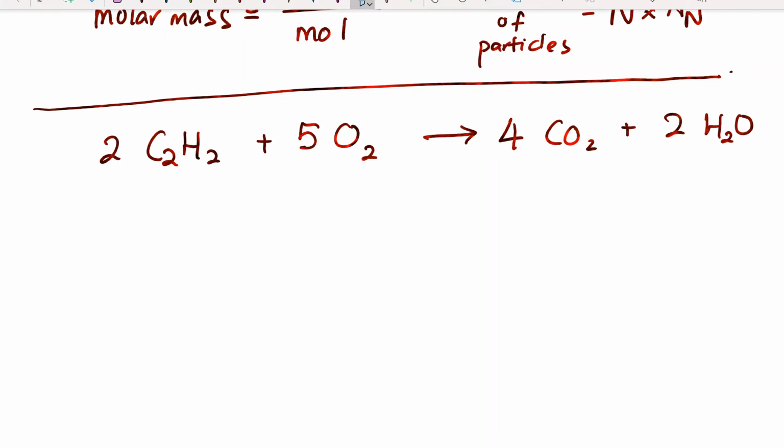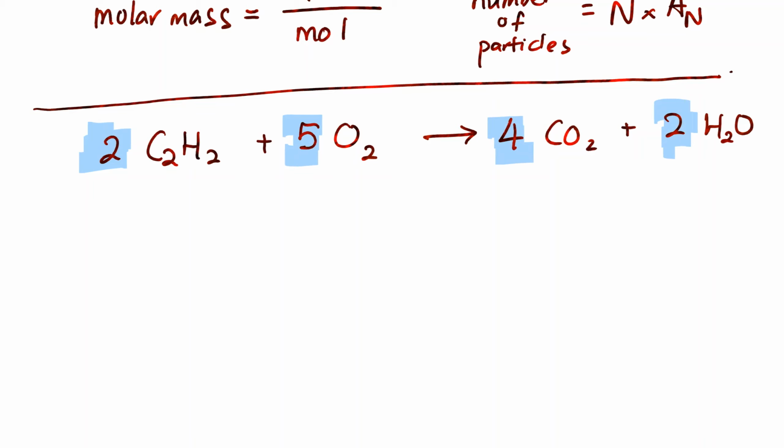Remember, the number in front of the chemicals is your coefficient. It's telling you how many moles of the substances are going to react. So the mole ratio of C2H2 to O2 is 2 to 5, so 2 over 5.